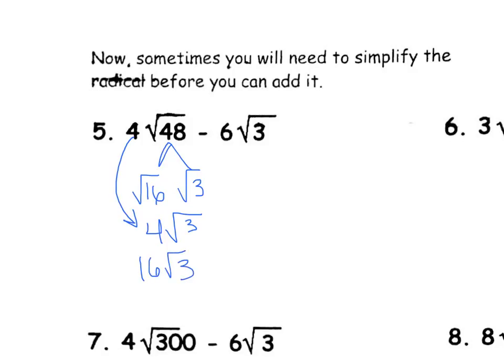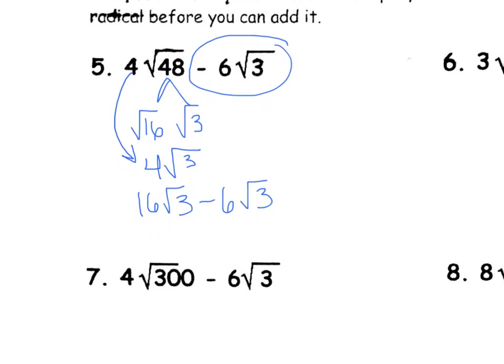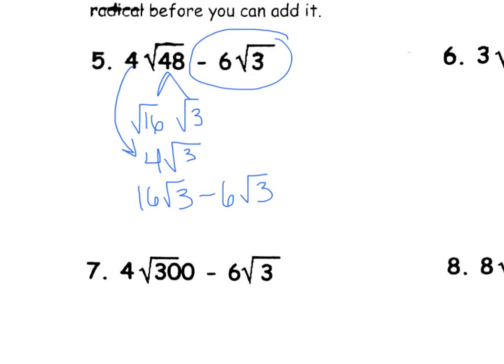And now we have this part up here, minus 6 radical 3. Now you'll notice that because we simplified radical 48, these two radicals now have the same square root. And we can now simplify this. 16 radical 3 minus 6 radical 3 is 10 radical 3.